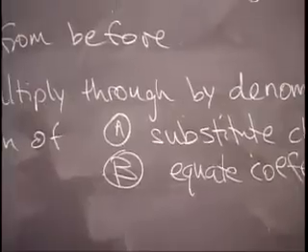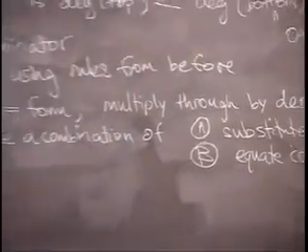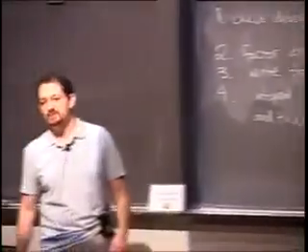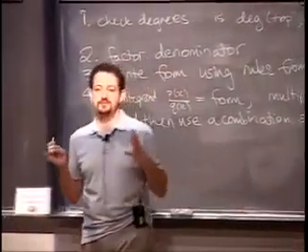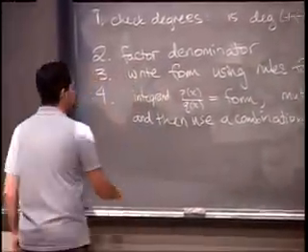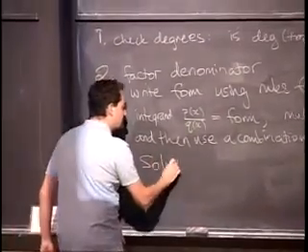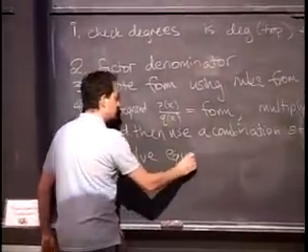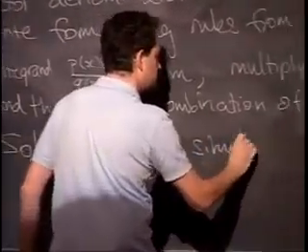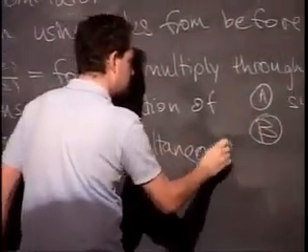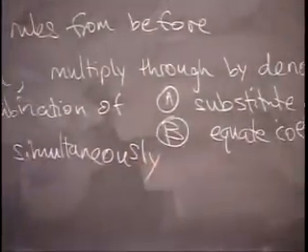You could do 6 of A, 6 of B, or any combination, 4 of A, 2 of B, whatever, in order to find the 6 equations that you need. Solve equations simultaneously to find the constants.